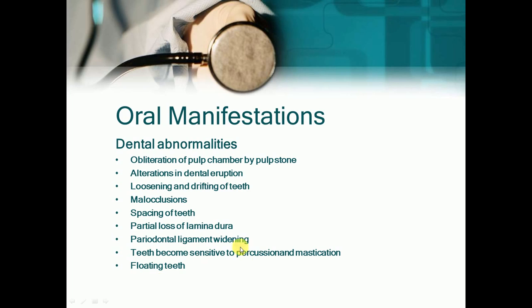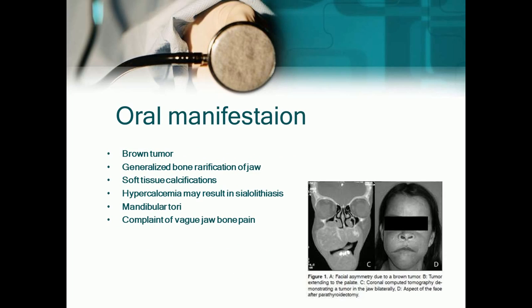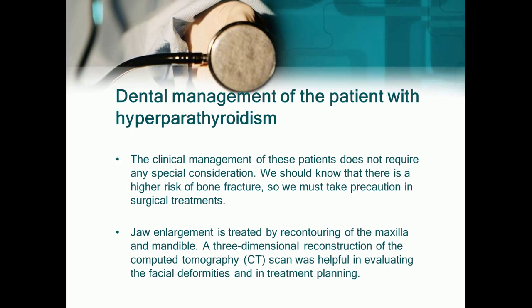Teeth become sensitive to percussion and mastication, and floating teeth, as well as sometimes brown tumors, generalized bone reduplication of the jaw, soft tissue calcification, hypercalcemia may result, and cholelithiasis, and mandibular tori, and complaints of jawbone pain.